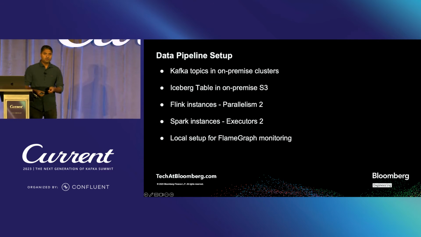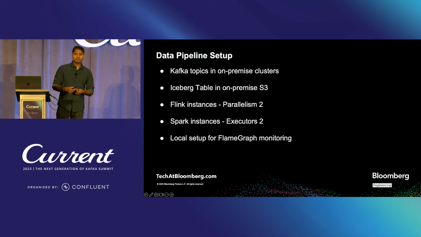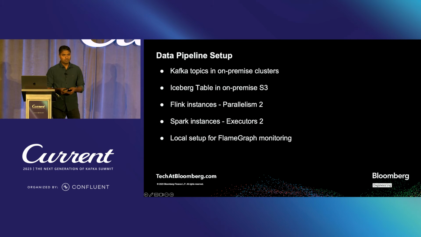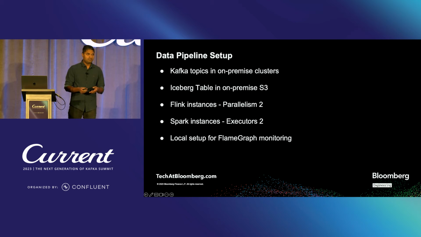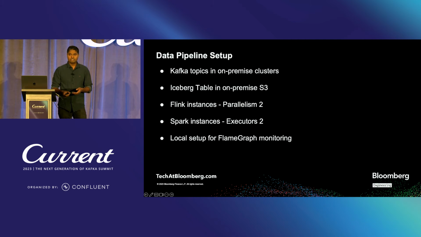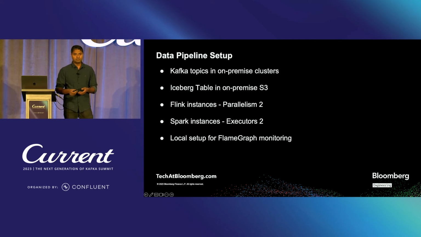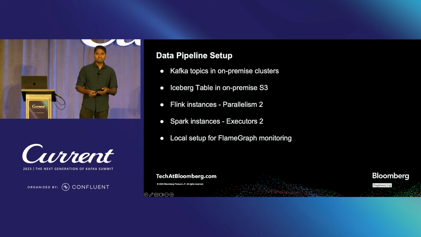And in order to run our performance tests, we have our Kafka topics, which are partitioned and set up on on-premise Kafka clusters. Iceberg tables are set up on on-premise S3. We have Flink instances with a parallelism of 2, and Spark instances with 2 executors running. We also have a local setup on our laptop to run profilers, check the flame graphs for identifying any kind of bottlenecks in your pipeline.